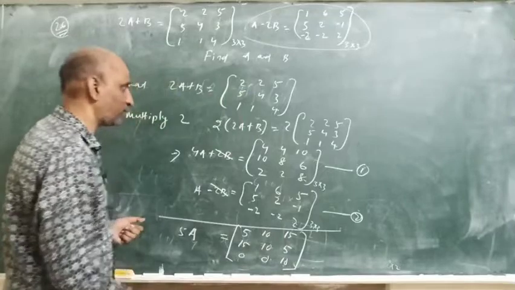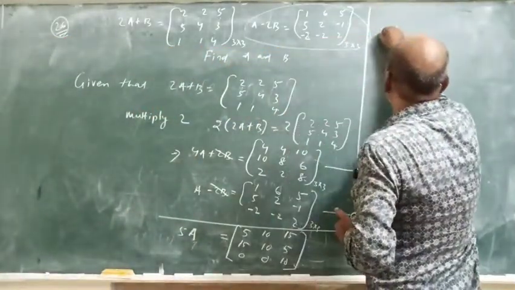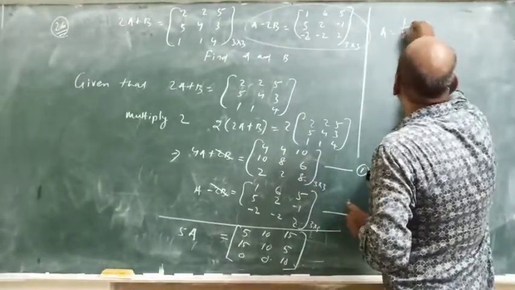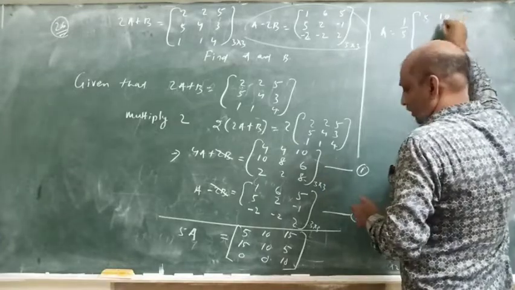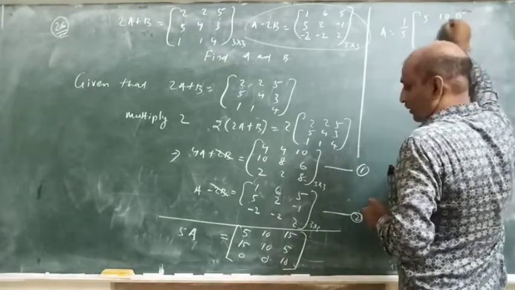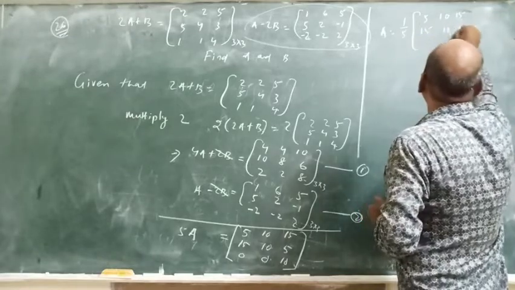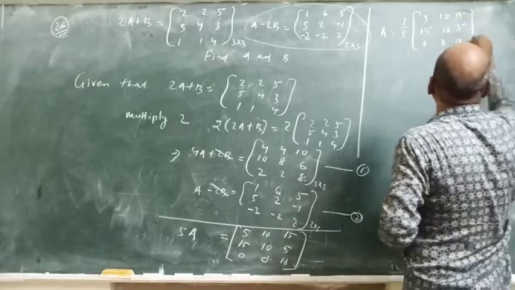So this is 5A. So obviously A is equal to 1 by 5 of 5 10 15, 15 5 0, 0 10.